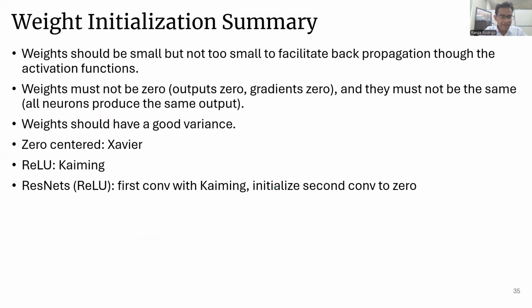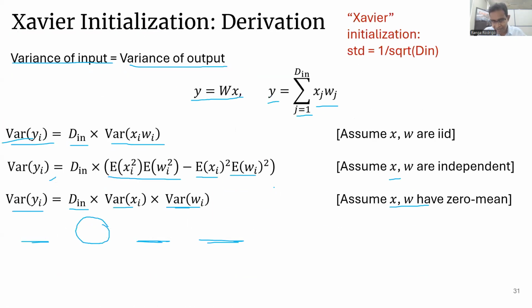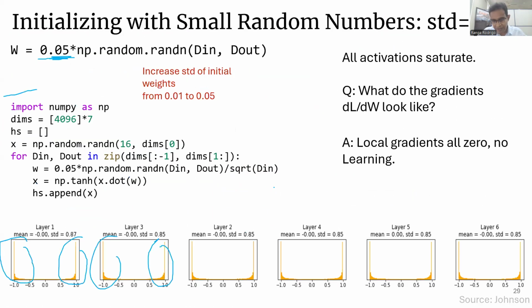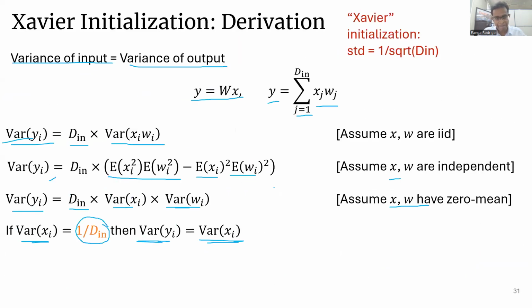Weight initialization summary. Weights should be small, but not too small, to facilitate backpropagation through the activation functions. If weights are 0, the output is 0 and the gradient is 0. They must not be the same, otherwise all neurons will produce the same output.